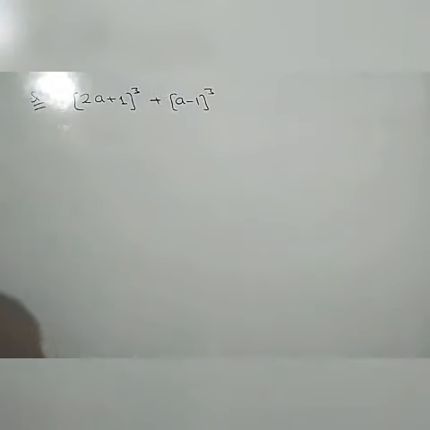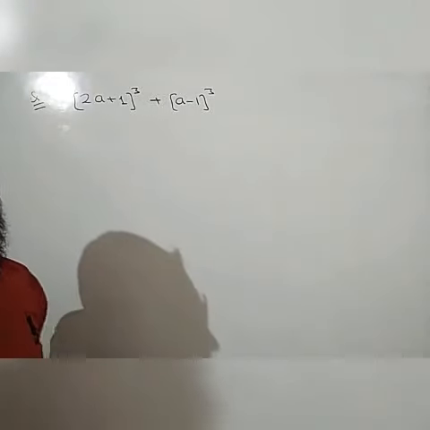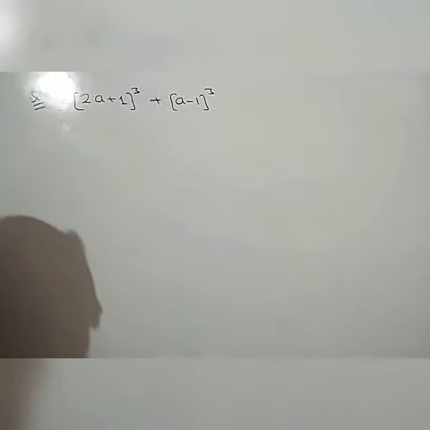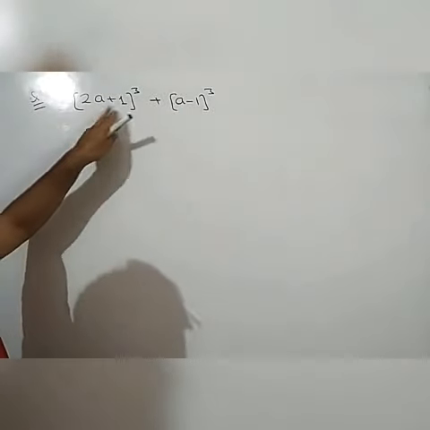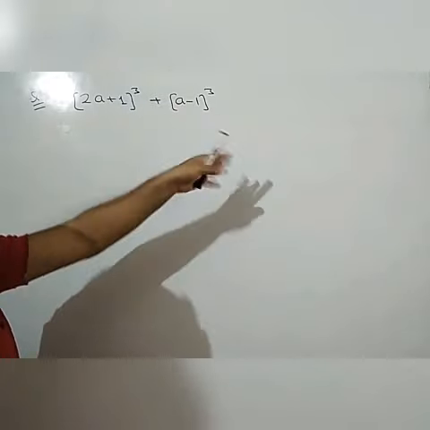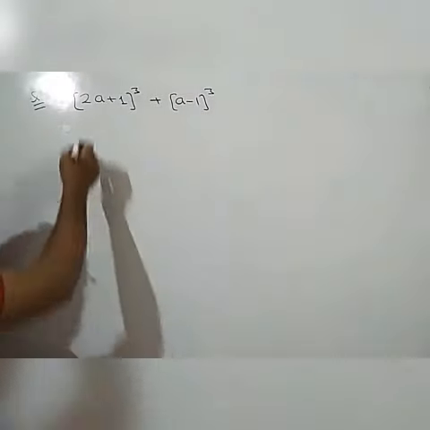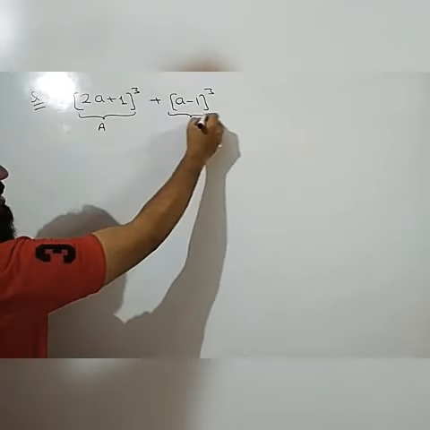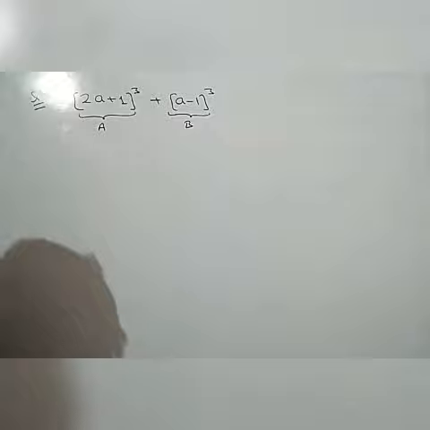Now we have to factorize this term. Some of you will solve it by opening a plus b whole cube and a minus b whole cube. It may be solved by that method also, or you can consider this whole bracket as A and this whole bracket as B.